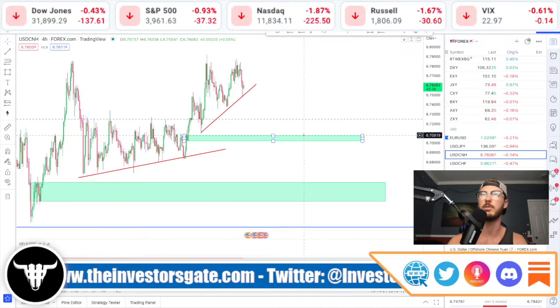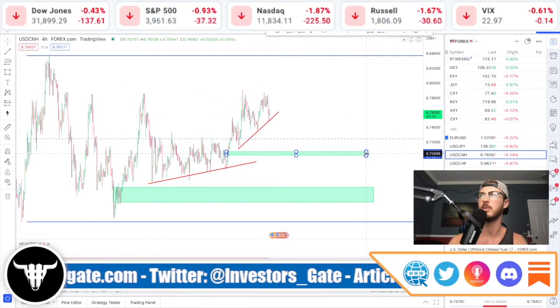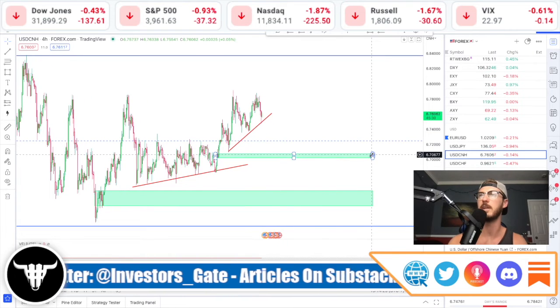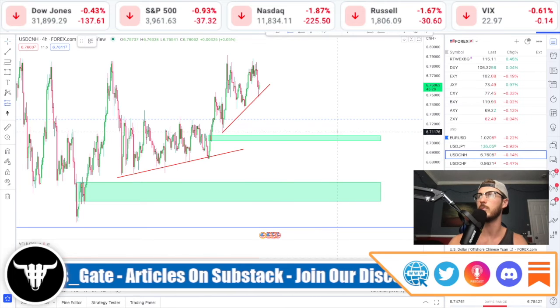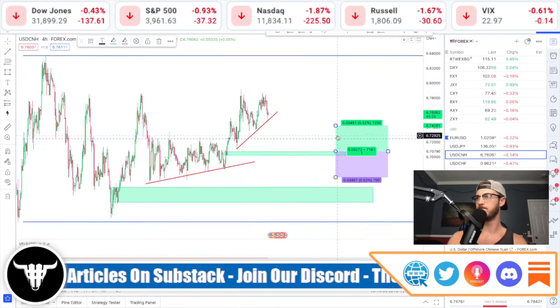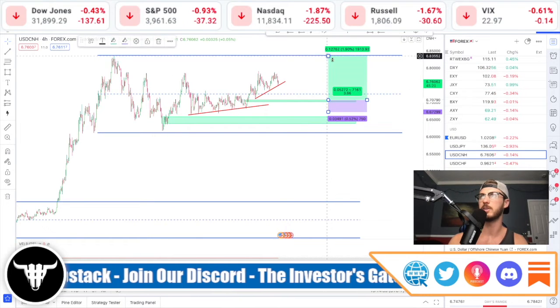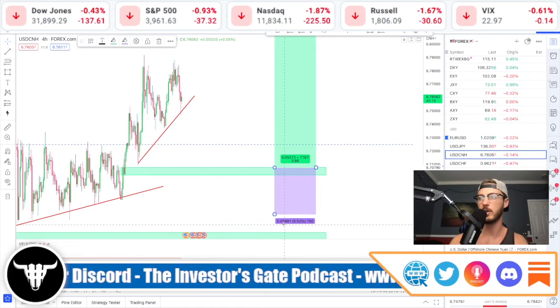So I would be looking for the dollar, throughout this retracement, I suppose, to come potentially down into this level. Let me see how the risk to reward would be for this. And then a play to the range high per usual. Okay, so this is good.